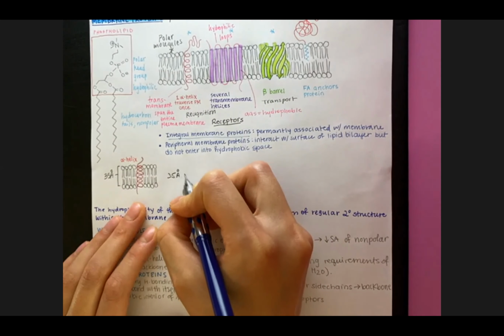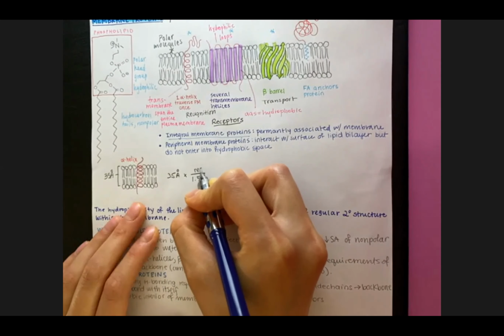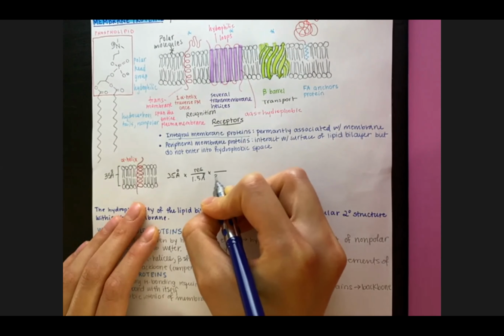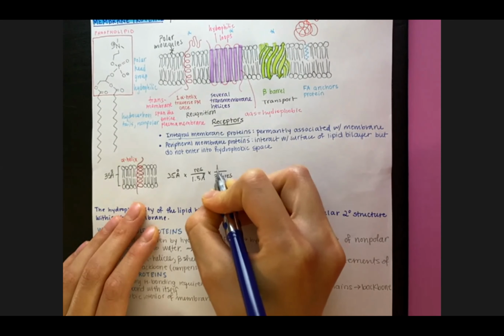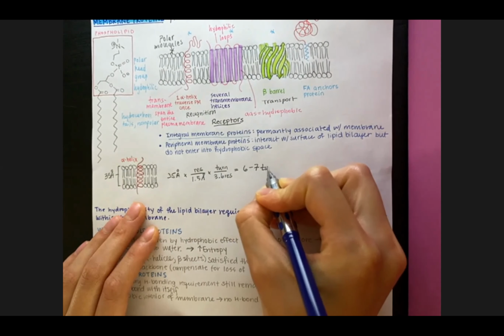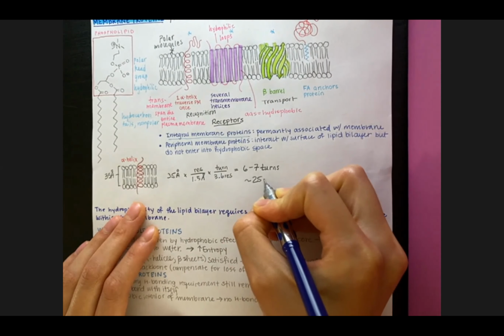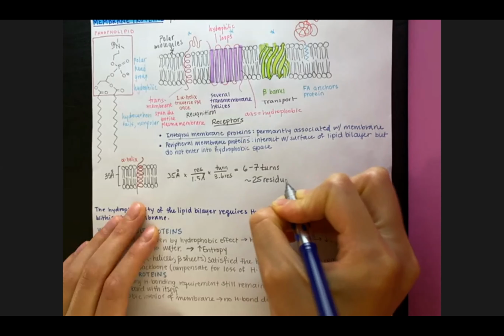It's going to be 35 angstroms, and 1.5 angstroms per residue, and 3.6 residues per turn. So you're going to get 6 to 7 turns, which is about 25 residues. Okay. Any questions on any of that? Okay.